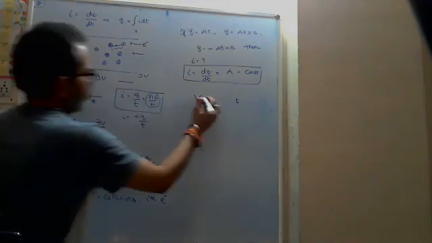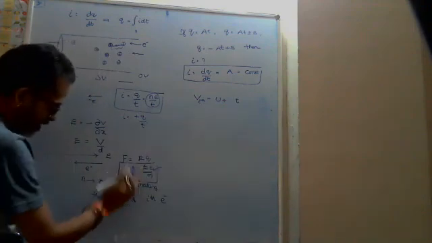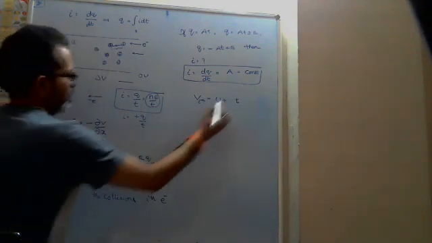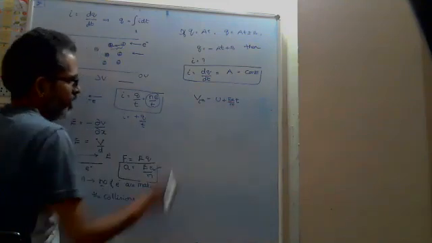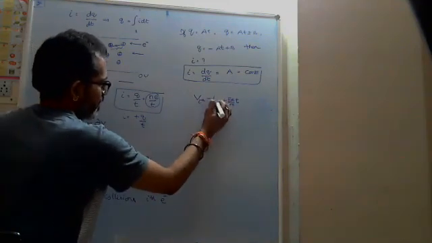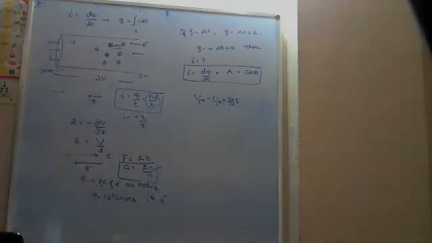Then I have to use the formula v equals u plus at, because the acceleration is constant. So v equals u plus eE by m into t, where u is the initial velocity of that ith particle. Likewise, there are n electrons in the same time.